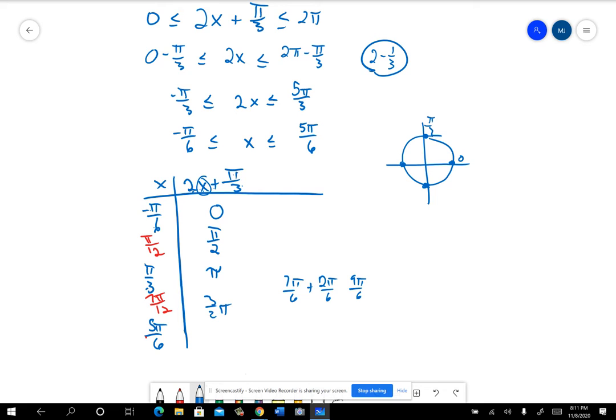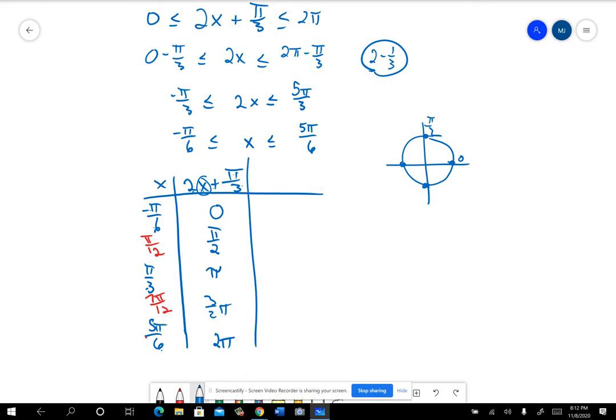See how that transforms into those very nice 5 key spots where we know what the values would be all the way around. And then, like you might guess, if I put in 5 pi over 6, I'm going to have 2 times that, so that'll be 5 pi over 3 plus 1 pi over 3 gives me 6 pi over 3, and I'm back at 2 pi, okay?